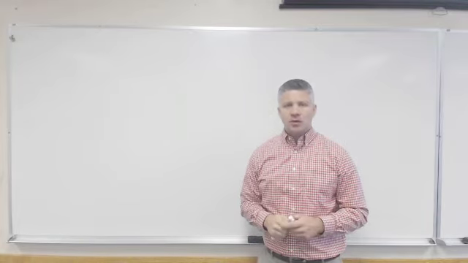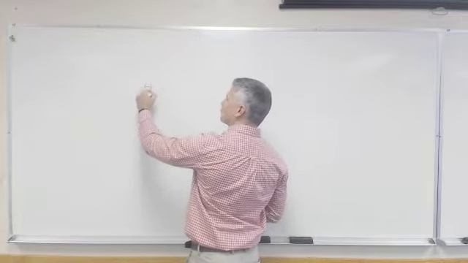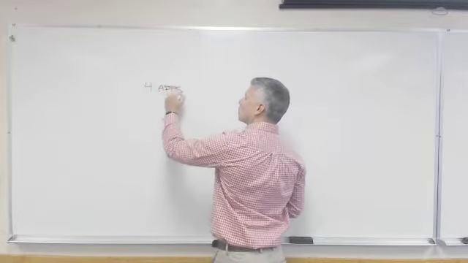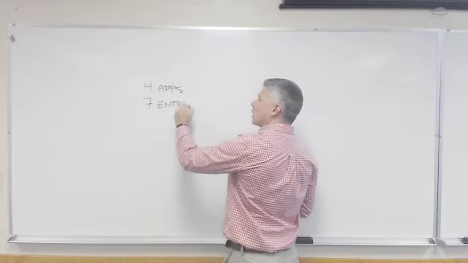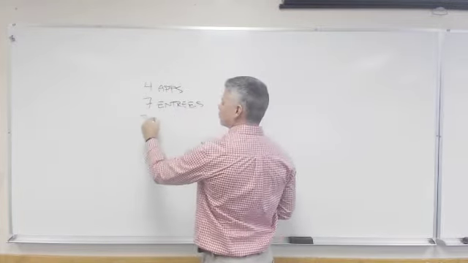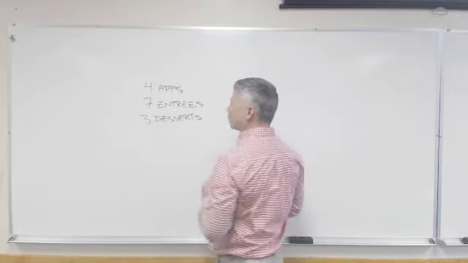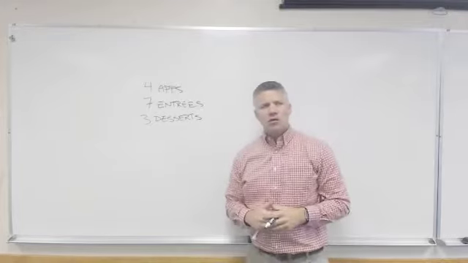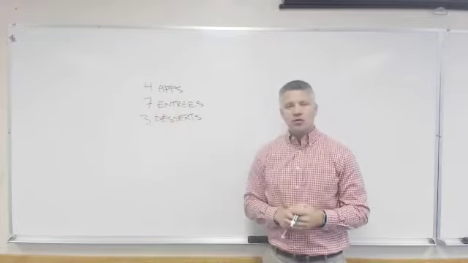Let's look at another type of counting principle. Let's say we go to a restaurant and they have 4 appetizers, 7 entrees, and 3 desserts. And you start to think, if I was a cook here, how many different ways could somebody order an app, an entree, and a dessert?